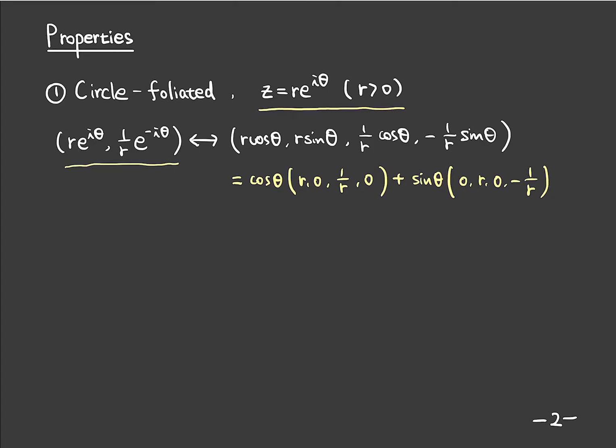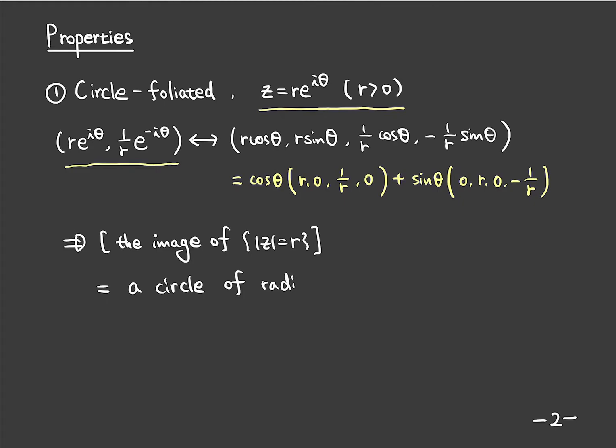So the image of this set is a circle of radius r square plus 1 over r square, where the circle lies on a plane generated by these two vectors.